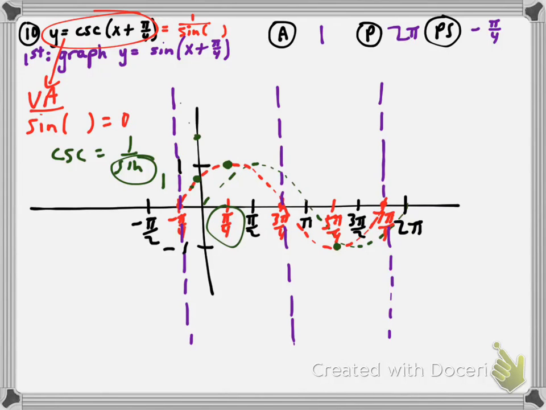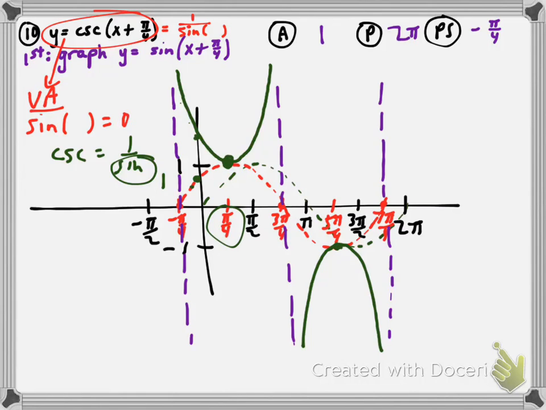And what that does is it creates a graph that looks just like that. Like an upside down parabola over here, a right side up parabola between the first two vertical asymptotes, and that green graph that I just drew is the actual graph of the cosecant of x plus pi over 4. That's it. That's how you do it.